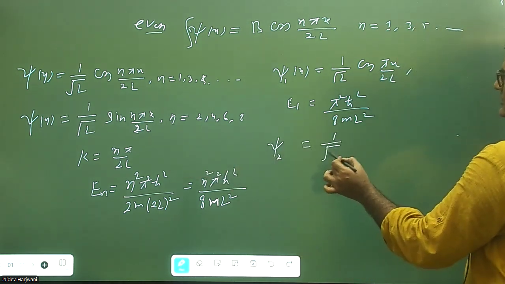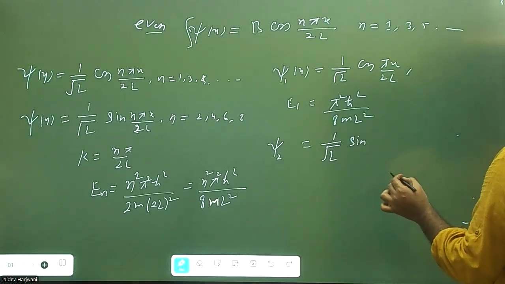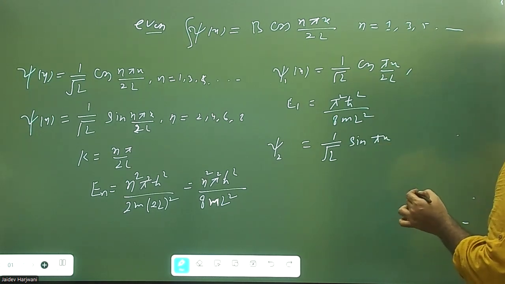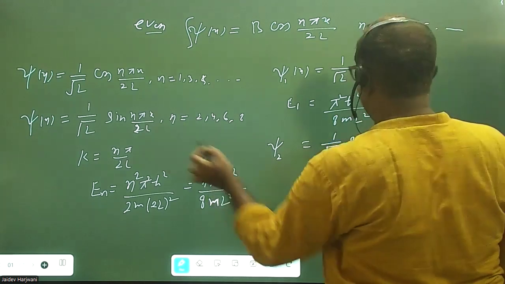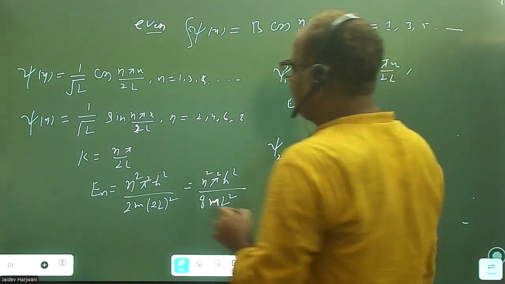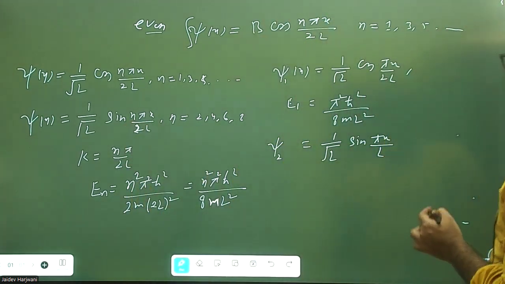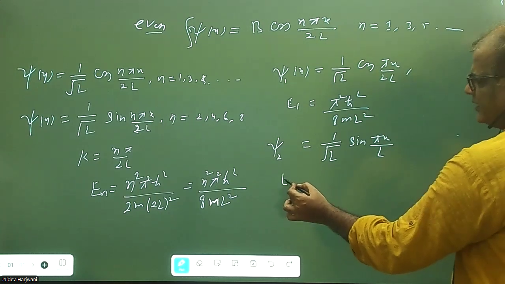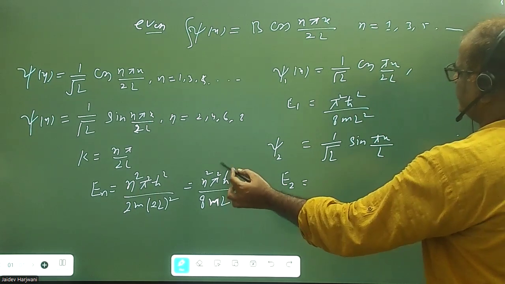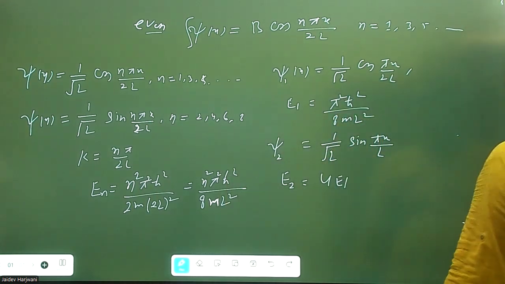My first excited state, with n equal to 2, the 2 cancels, giving sine pi x upon L, and the energy E2 will be 4 of E1.